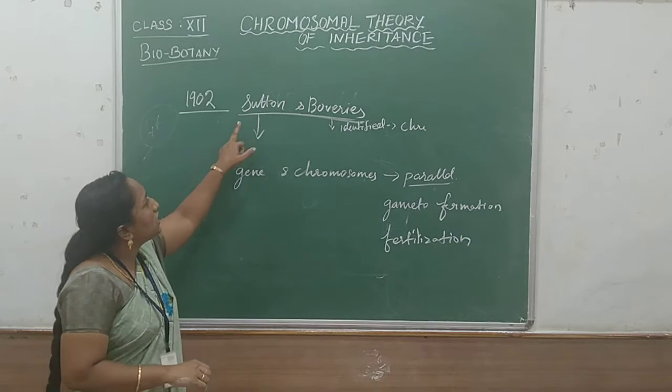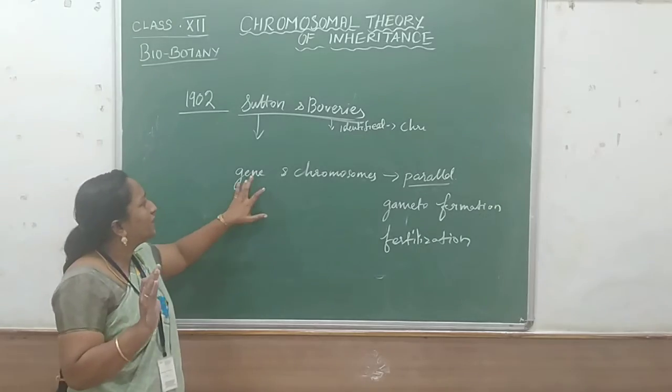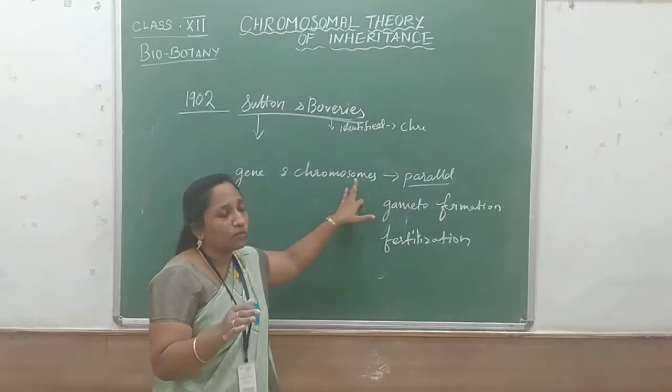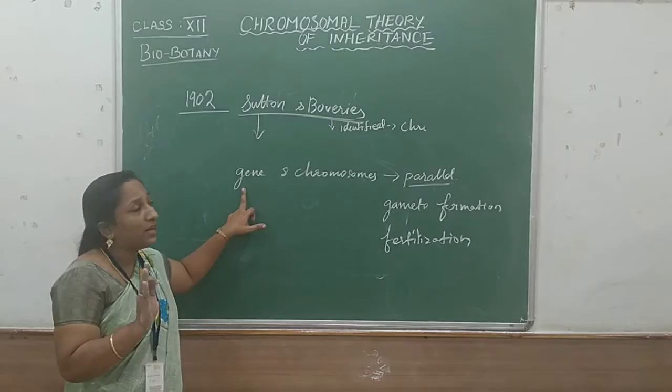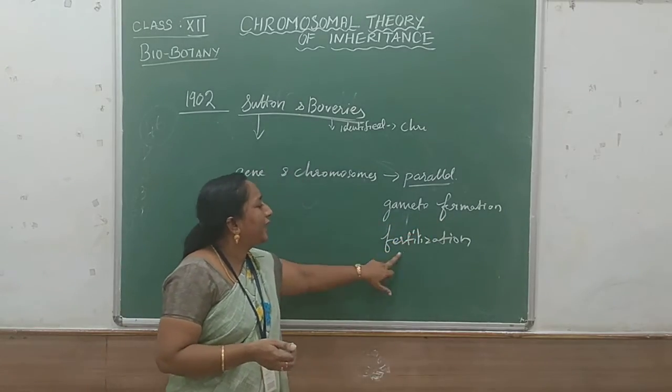Understood, children? So Sutton discovered there is a parallel character between the gene and the chromosomes. It shows similarities during gamete formation and fertilization.